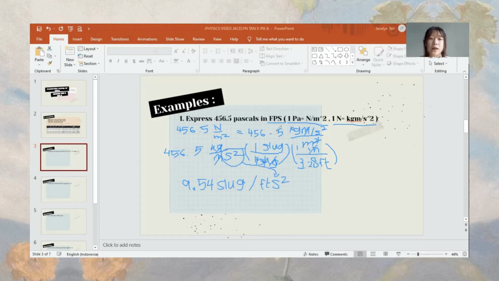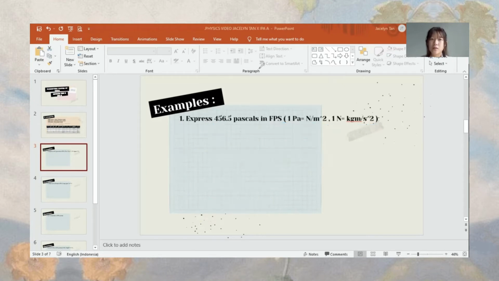So it is already in FPS form, but we can also write it as 9.54 pounds per feet squared. So this is the answer. Okay.